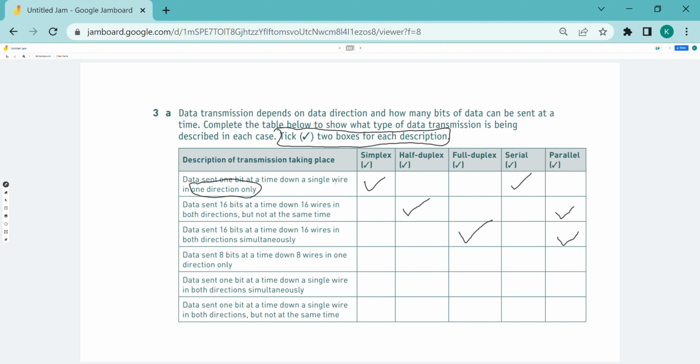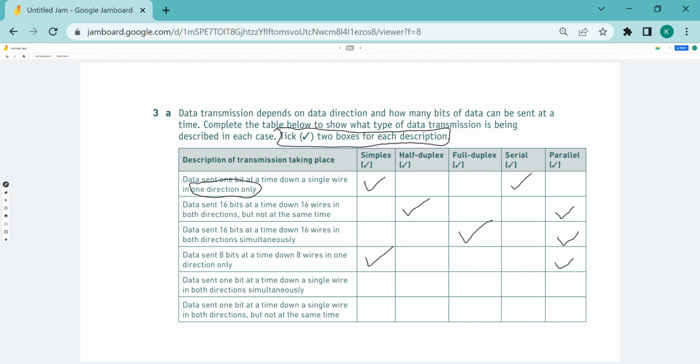Data sent 8 bits at a time down 8 wires in one direction only. One direction is your simplex, and 8 bits at a time down 8 wires means it's parallel. Data sent 1 bit at a time down a single wire in both directions simultaneously.